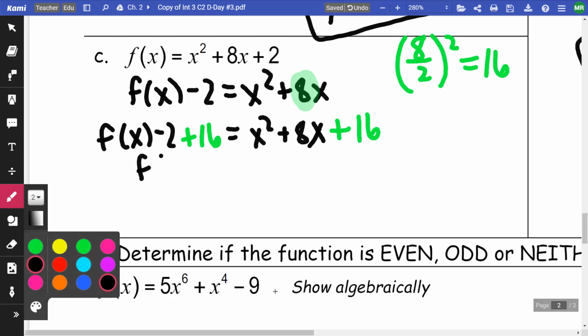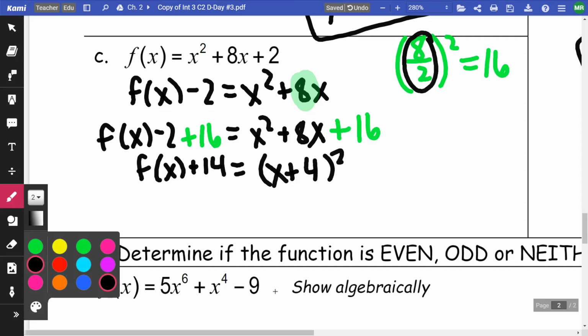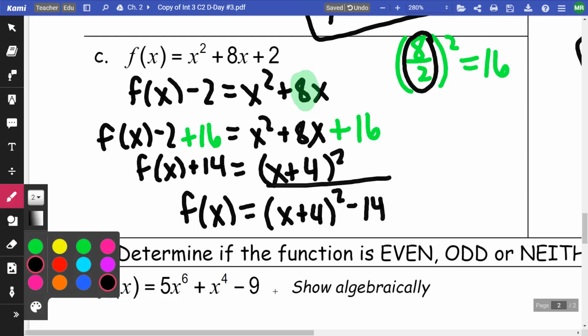Now on the left side, I'm going to have f of x plus 14 is equal to, and when I do this, I'm going to get something squared. So this is going to be x plus, and then look back at half of our 8. Half of 8 is 4. That's what goes here. And then my last step is to subtract the 14. And that is our equation.